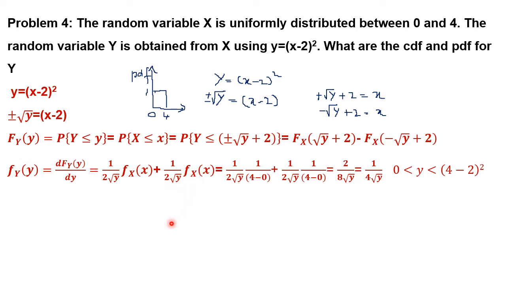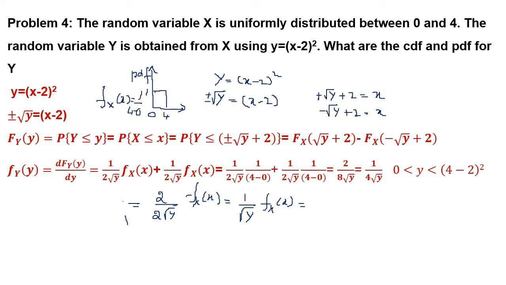Now you can write this as 2 times 1 divided by 2 root y fx of x. This gives you 1 divided by root y fx of x. And here from the figure you can observe that fx of x is given by 1 divided by 4 minus 0.